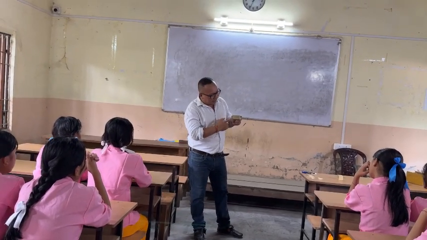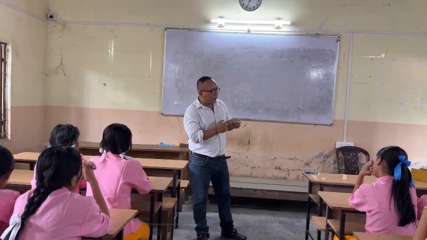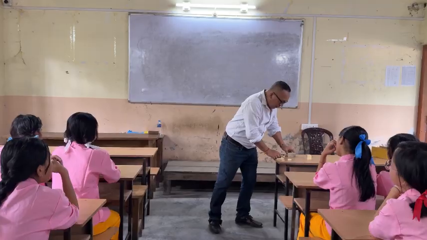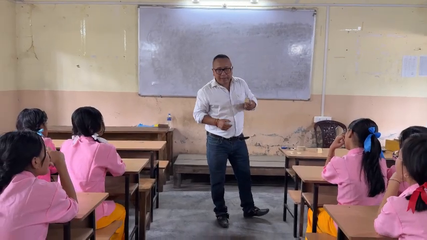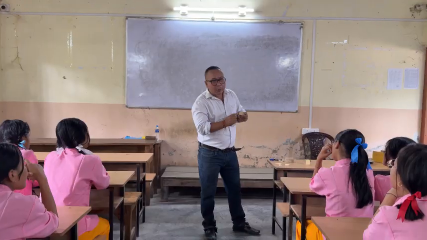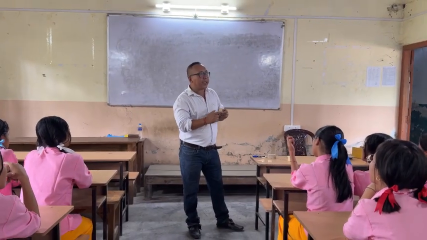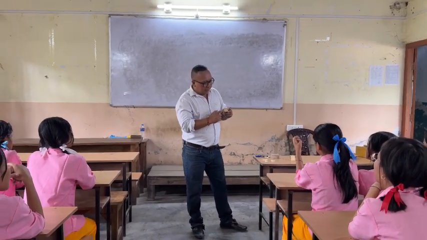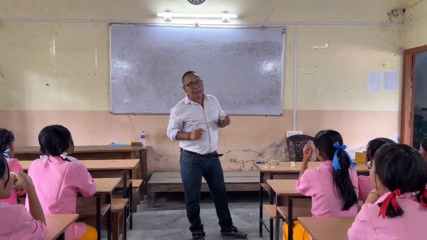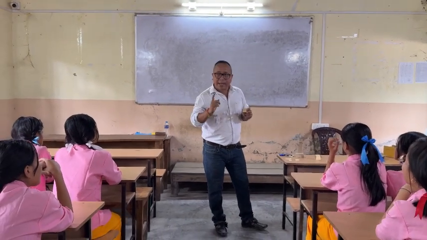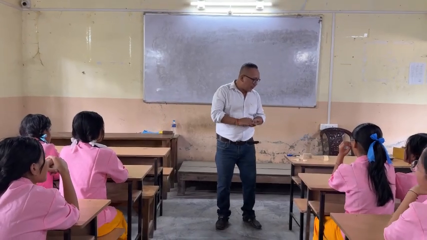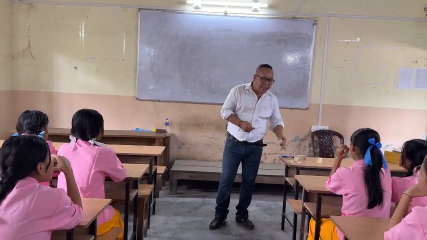If this angle is not 90 degrees, then we can call it a parallelogram. This is a square if all four sides are equal and the angle is 90 degrees. If the angle is not 90 degrees, what can you call it? Yeah, very good.